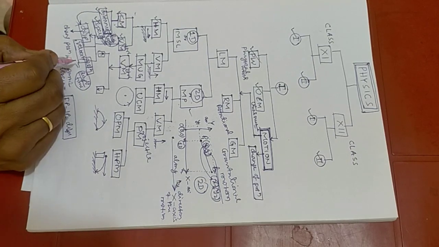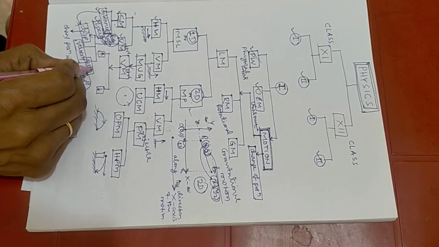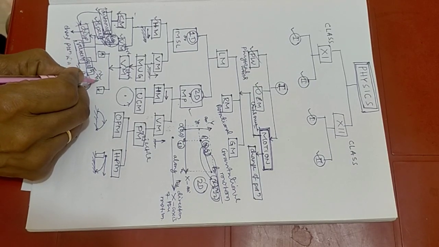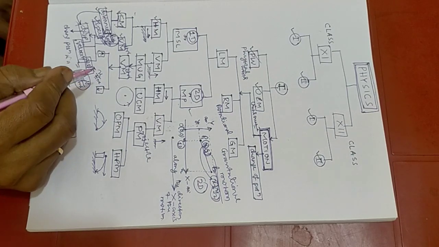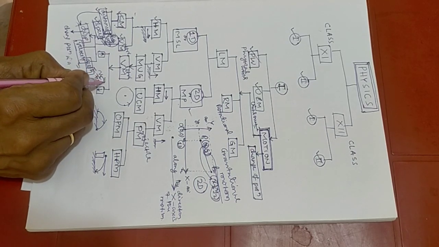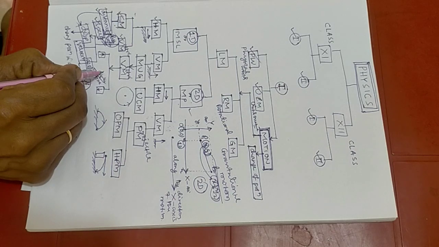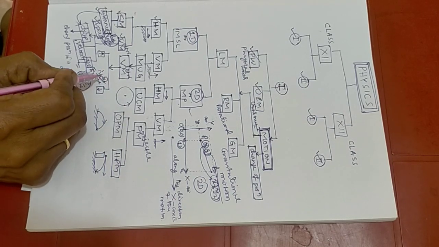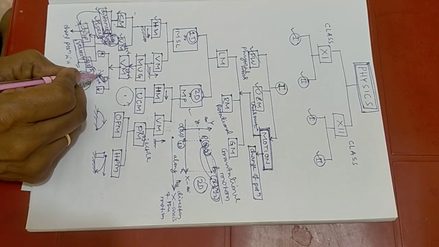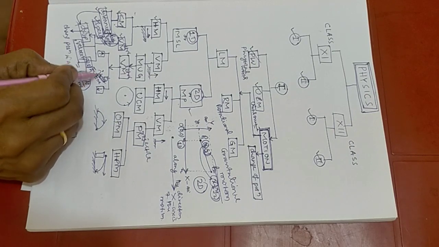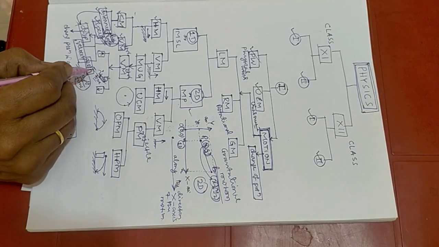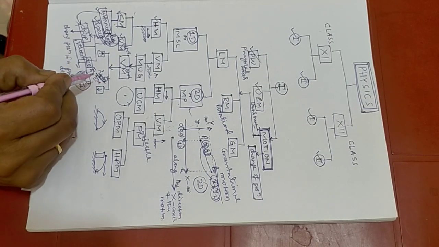When velocity changes, the rate of change of velocity, or change in velocity per time, is acceleration. The change in velocity, where initial velocity is v1 and final velocity is v2, is v2 minus v1. Time taken is some t, then acceleration is change in velocity by time taken.